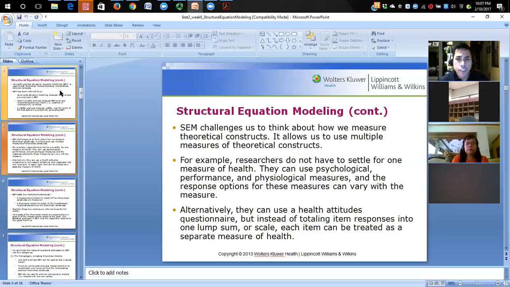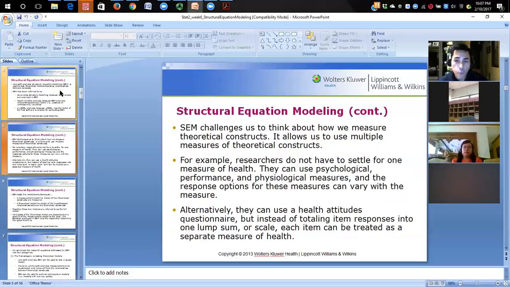SEM challenges us to think about how we measure theoretical constructs. It allows us to make simultaneous use of multiple measures of theoretical constructs. A very good example given by the textbook is that researchers do not have to settle for one measure of health.